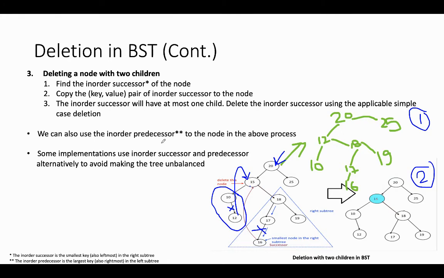So in this example, we see that if we delete the node 15 using the in-order predecessor, the height of the left subtree is already reduced by 1. Now if I want to remove 12, and if I remove it using again the in-order predecessor, then actually 10 will be copied to 12, and then this node will be gone.